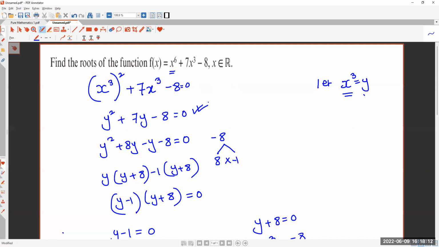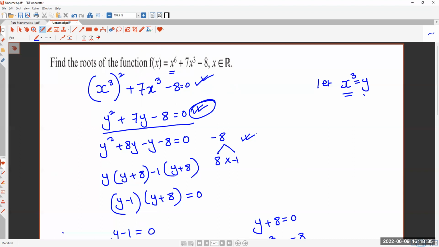Why didn't you do it like this exactly? Because it was not looking like a quadratic equation to me. Now at this particular line, it looks like a quadratic equation. So I solved it by using sum and product rule. Clear?